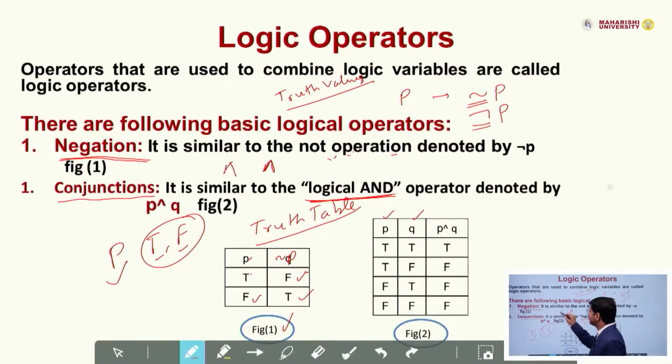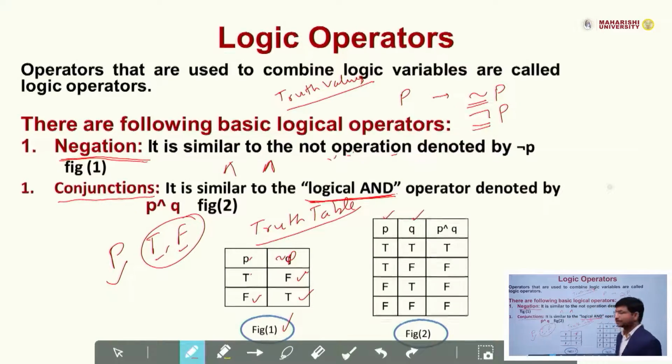This is the notation of conjunction. Now, the number of truth values, let me clear you, is 2 to the power n, where n is the number of variables.